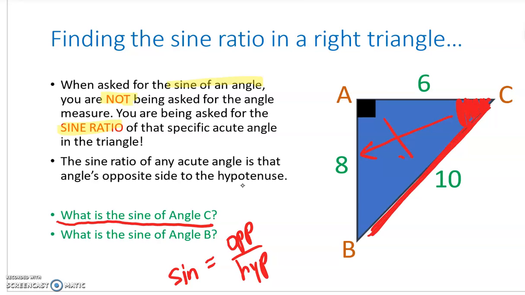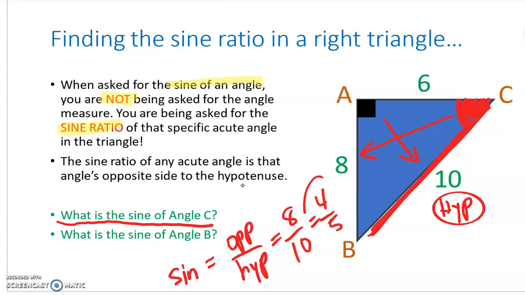How do we know that's the hypotenuse? The hypotenuse is always across from the right angle. So therefore, the sine ratio is 8 over 10, which reduces to 4/5 after we divide it by 2 over 2. Always reduce. So the sine ratio of angle C is 4 over 5.